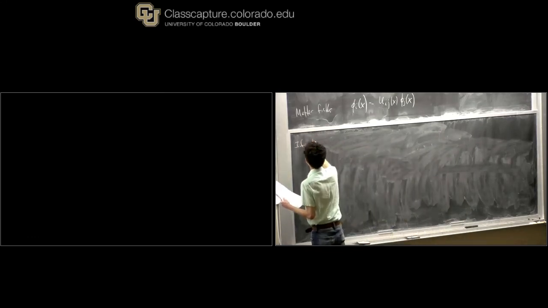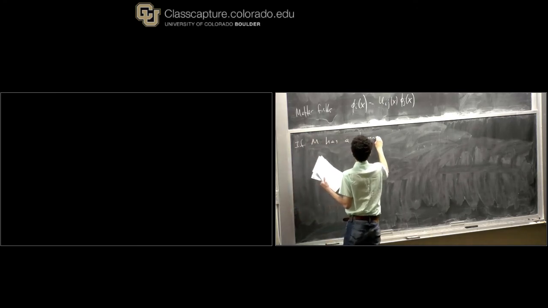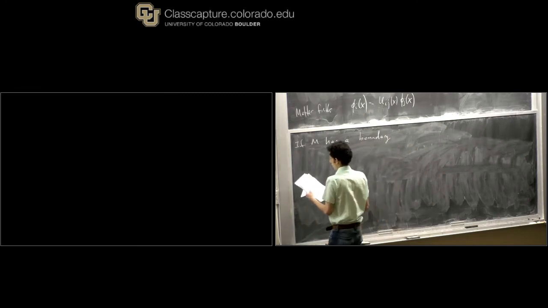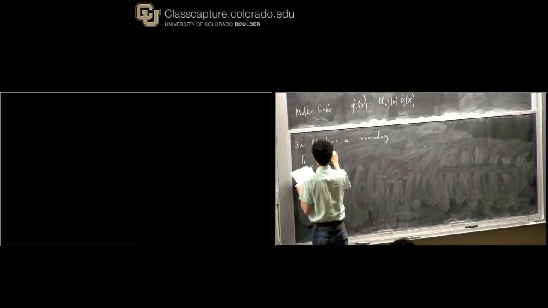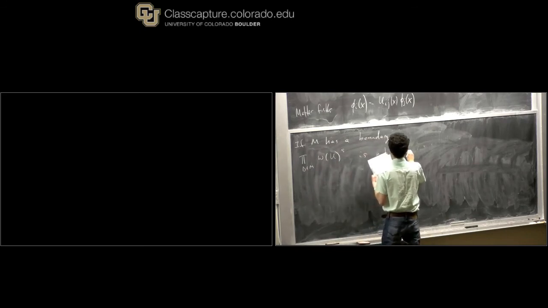If M has a boundary, the product over simplices in M of omega of U is not gauge invariant.